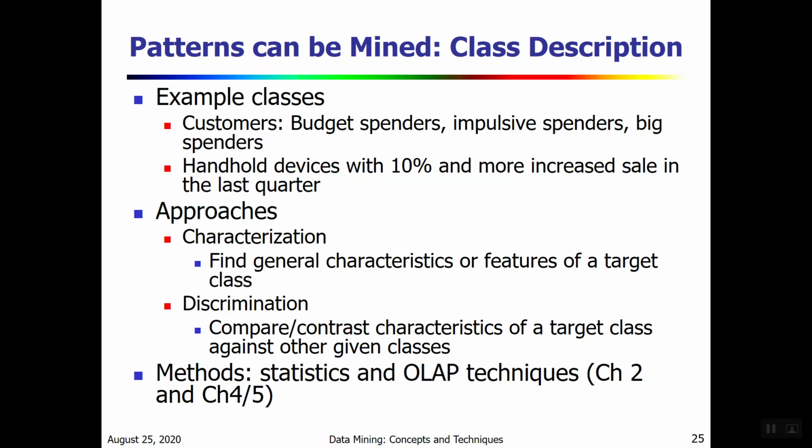For example, you have customers who spend based on a budget, or spend based on their emotion, or just spend whatever they have, and you can have those classes. You want to know what the behavior of budget spenders, impulsive spenders, or big spenders is.